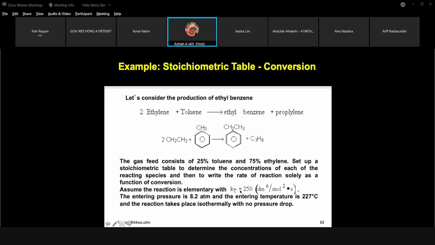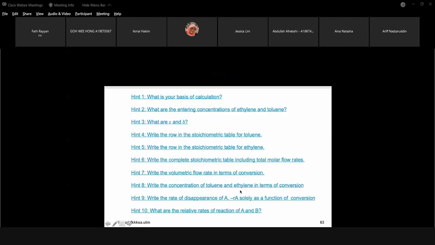Okay, we can see one by one. This is the hint. First of all, you have to know about the basis for calculation. You have to determine the rate law and the limiting reactant. And then, what is the entering concentration of ethylene and toluene? Then you have to calculate epsilon and delta.